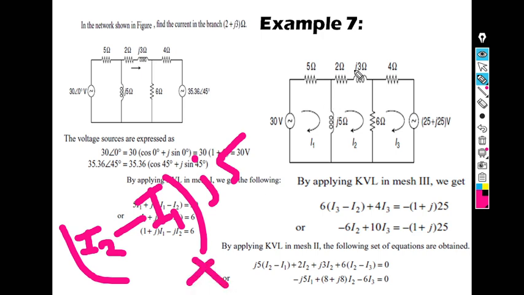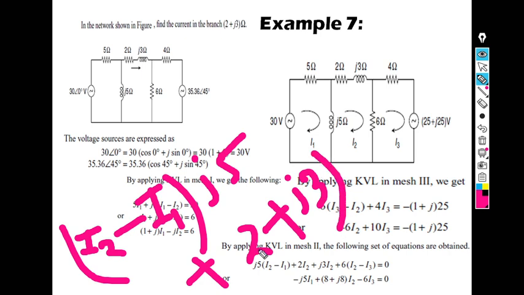Now this is 2 plus J3 I2. Now here I2 is the primary current, so this is plus.